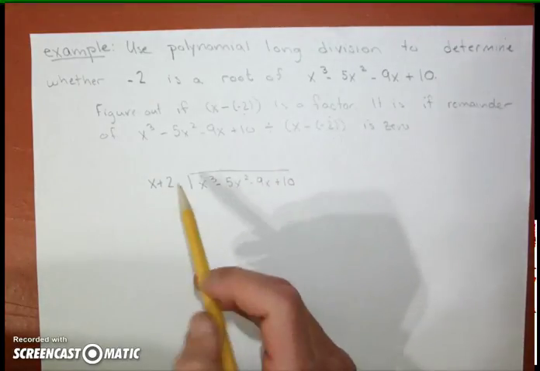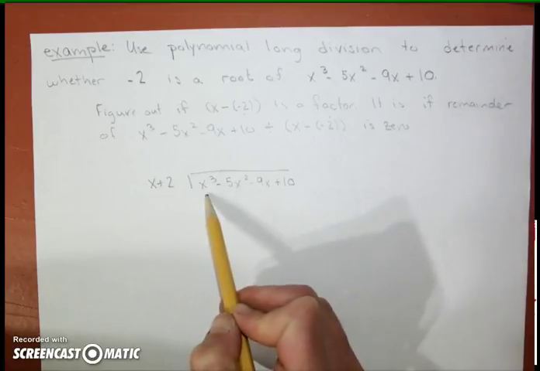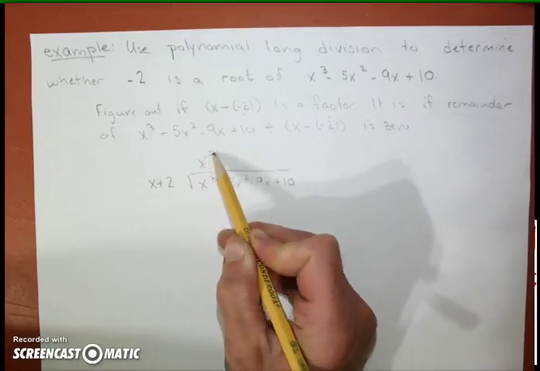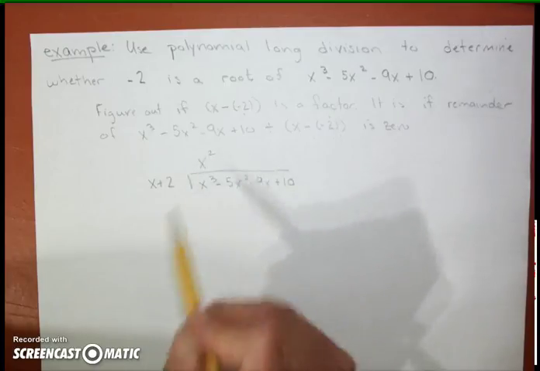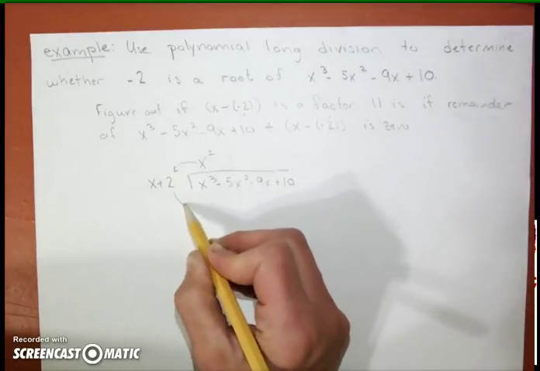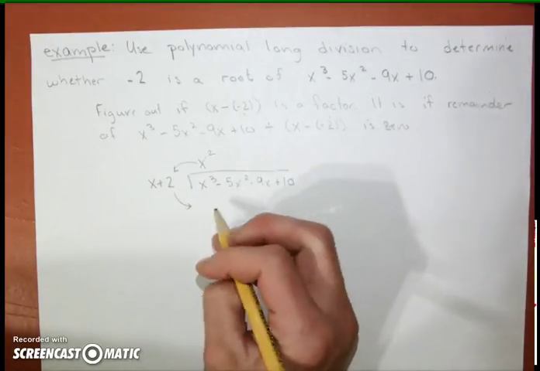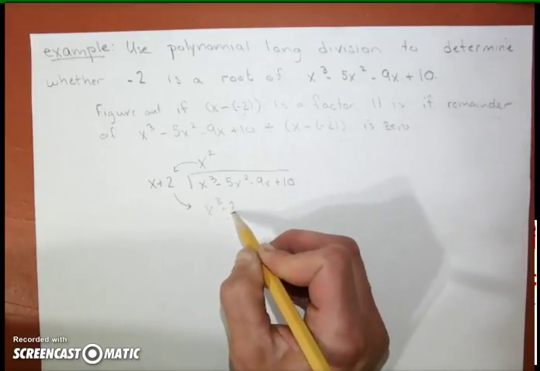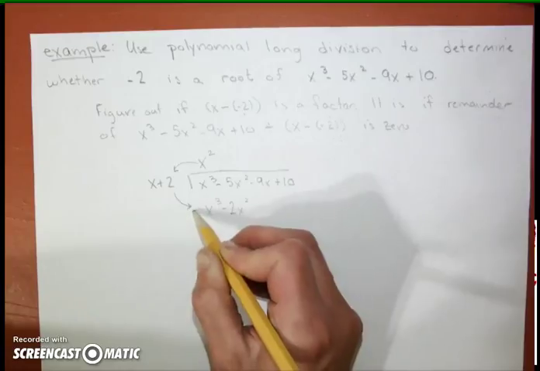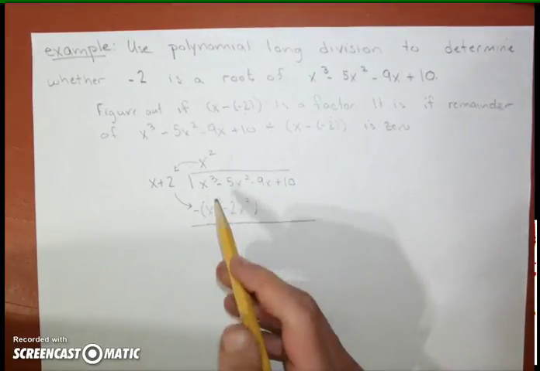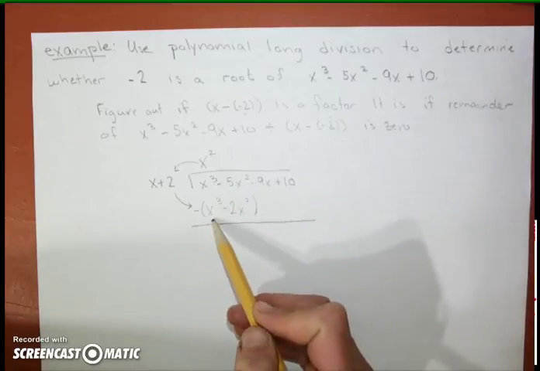So my first step is how many times does x go into x cubed? It goes in x squared times because x squared times x is x cubed. So I take this, I multiply it by that, and I put the result underneath. The result is x cubed minus 2x squared, and I subtract. X cubed minus x cubed is 0.